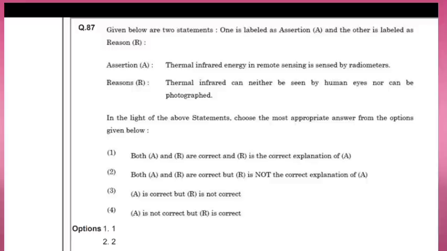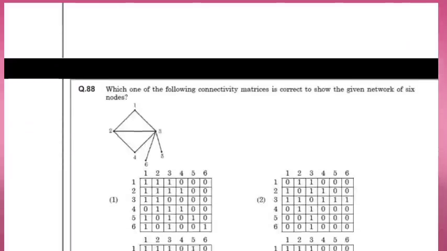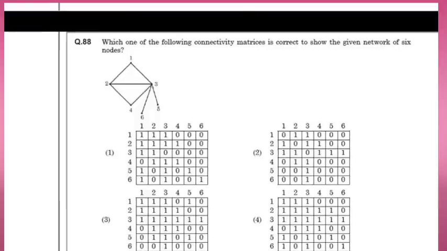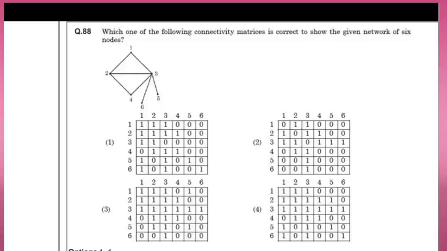So option 1, both are true, and R is the correct explanation of A. Option 1 is the correct answer. Next: which one of the following connectivity matrices correctly shows the given network of 6 nodes? Very interesting question. The correct answer is option 2.